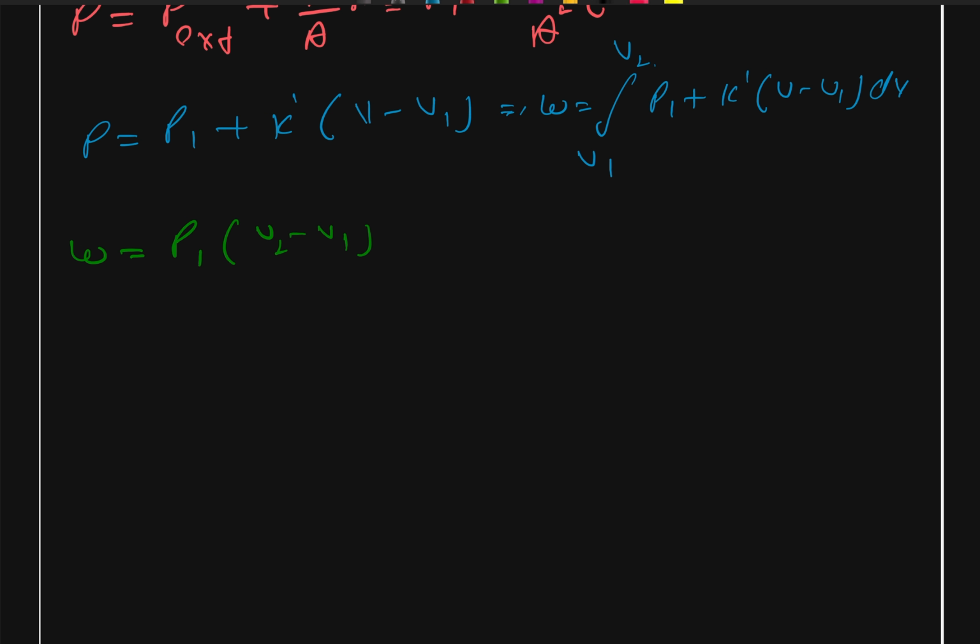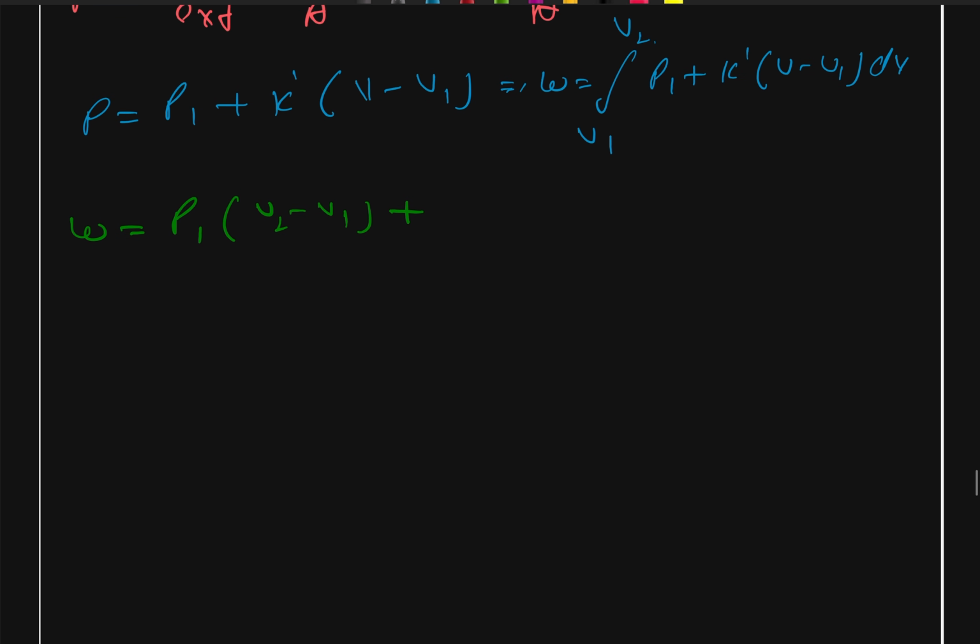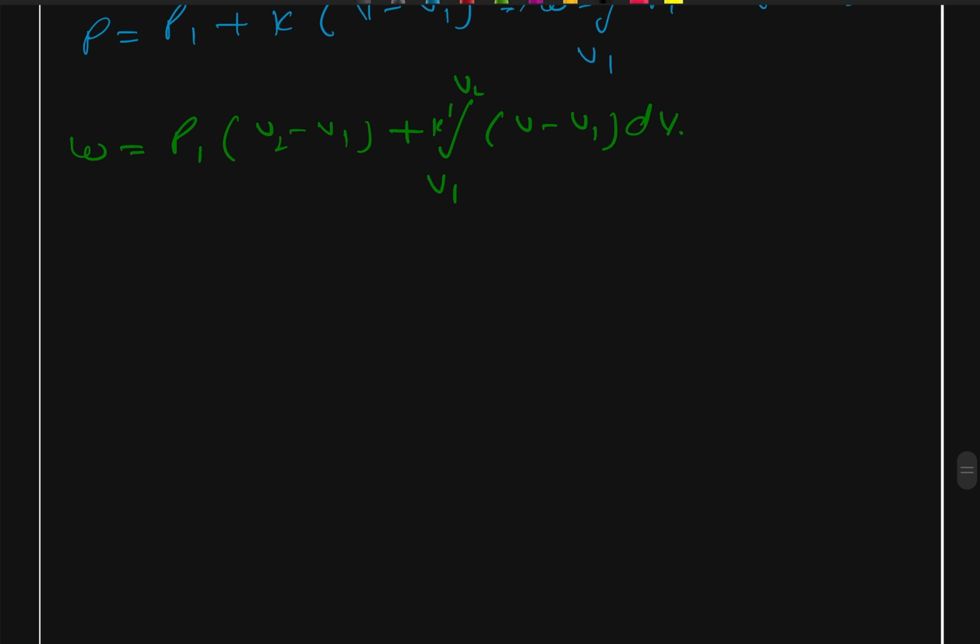And plus the second integral, let me solve it separately. This is the integral from V1 to V2 of K prime (V minus V1) dV. So we can substitute it.